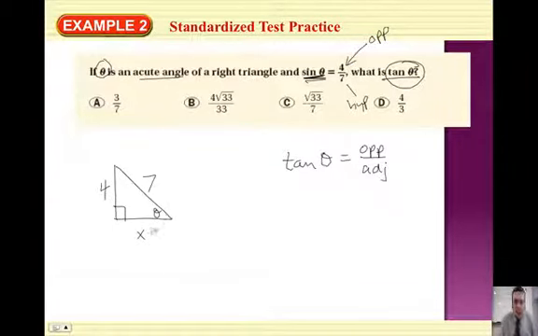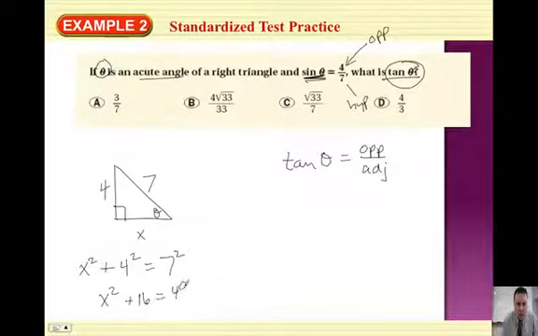Where can we find x? By Pythagorean theorem. So one leg squared plus this leg squared equals the hypotenuse squared. So x squared plus 16 equals 49.